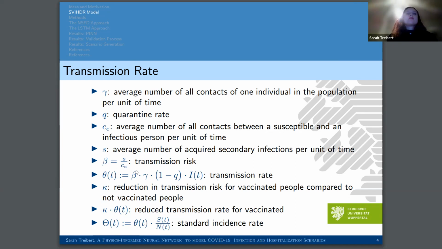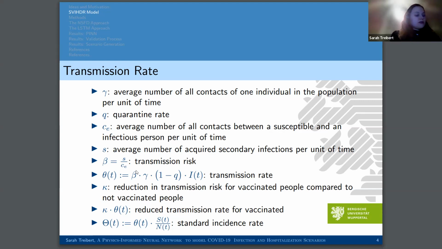And what is the most important thing is the transmission risk beta. It's normally not computed like this, but in some literature it's given as divided by the effective contact rate. But usually in implementations, this is one of the estimated parameters, which is not given as a fixed parameter, but is just estimated by the program, by the method.